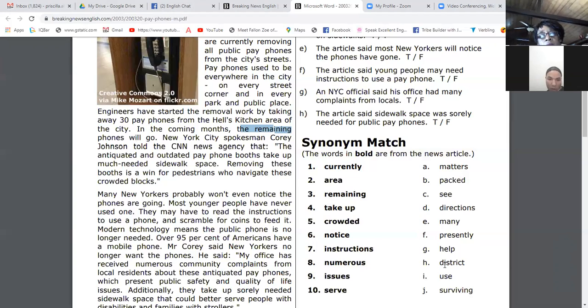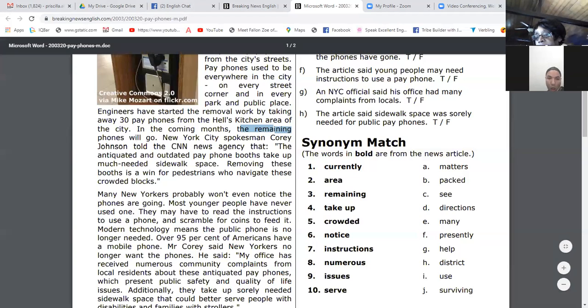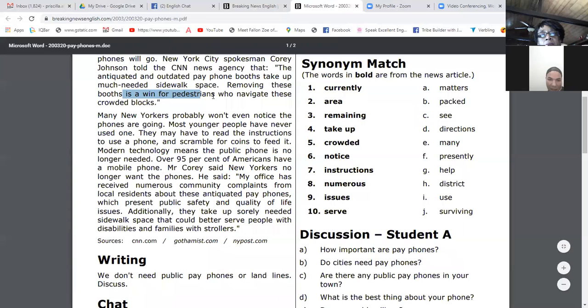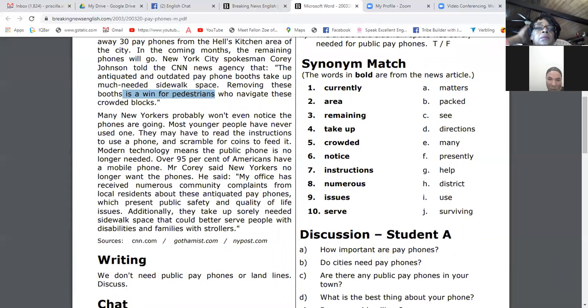Removing these booths, is it pronounced booths? That is correct. Booths is a win for pedestrians, I cannot pronounce it. Pedestrians who navigate these crowded blocks.